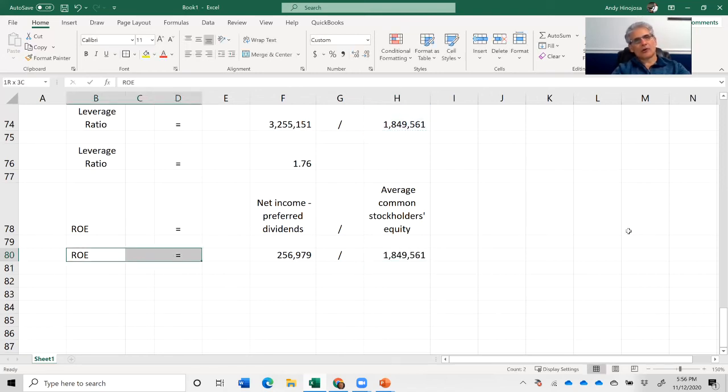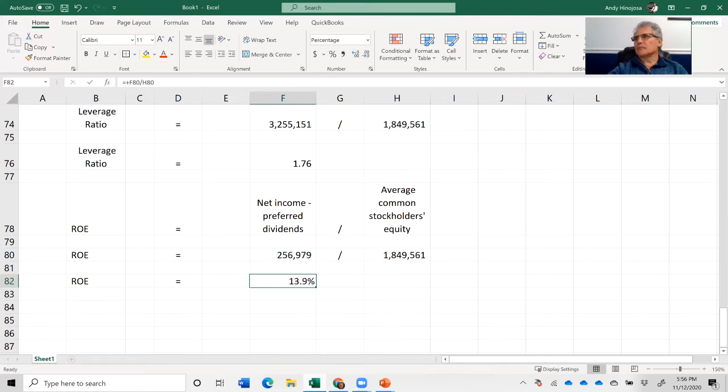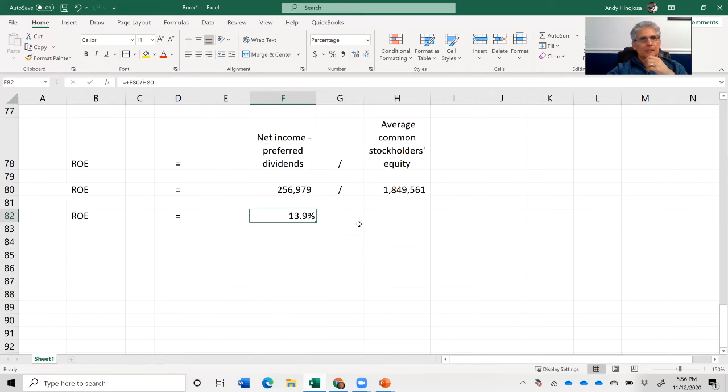And so our ROE comes up to be 13.9%. I really can't tell you whether that's good or that's bad. We'd have to compare that number to others in the same industry.